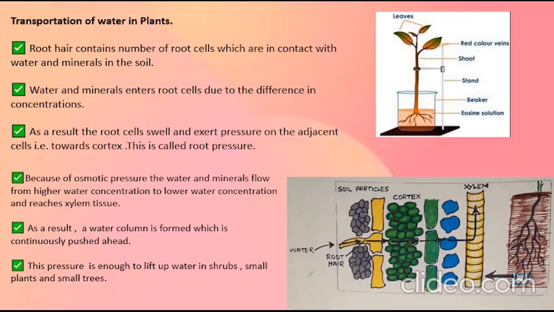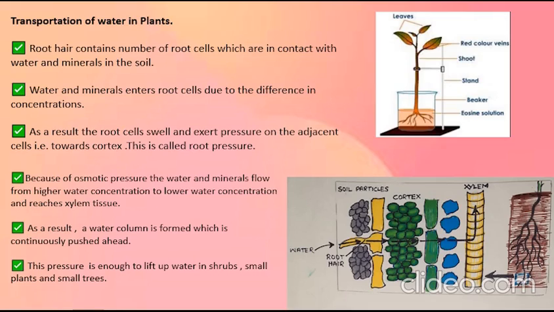Because of the osmotic pressure, water and minerals flow from higher water concentration to lower water concentration and reach the xylem tissue. As a result, a water column is formed which is continuously pushed ahead, and this pressure is enough to lift up water in shrubs, small plants and small trees.